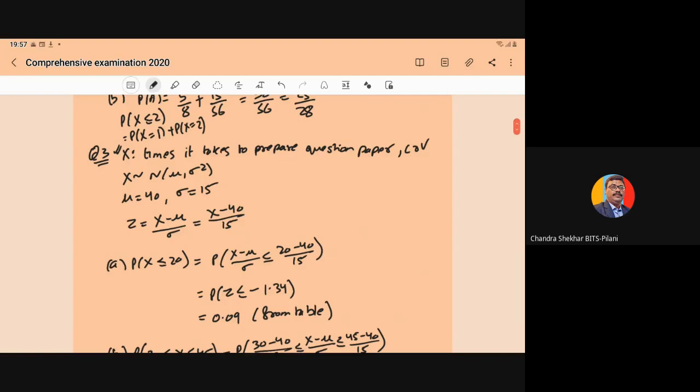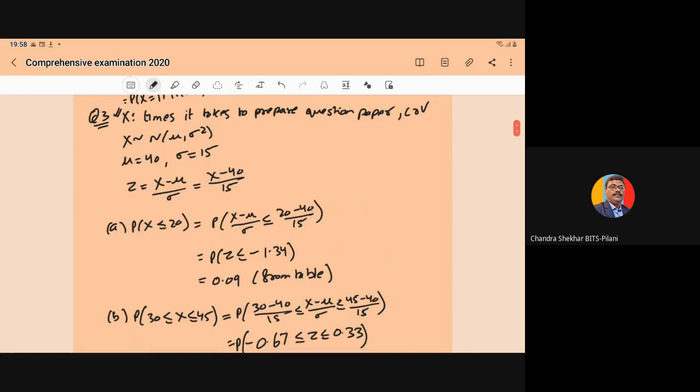We can convert the normal variate into the standard normal variate by subtracting the mean and dividing by the standard deviation. So we can write z is equal to x minus mu upon sigma, which gives x minus 40 upon 15.